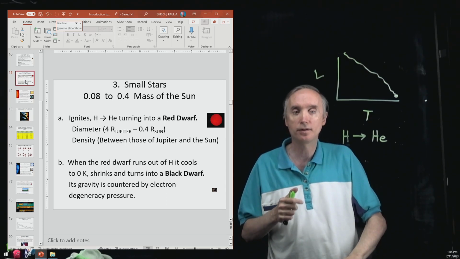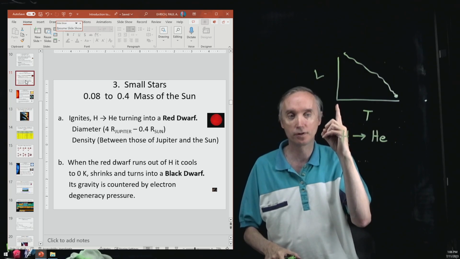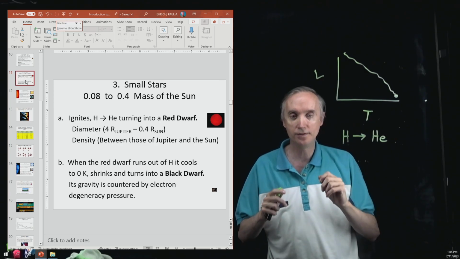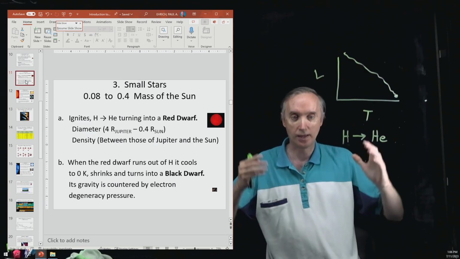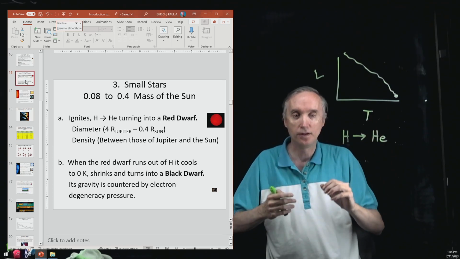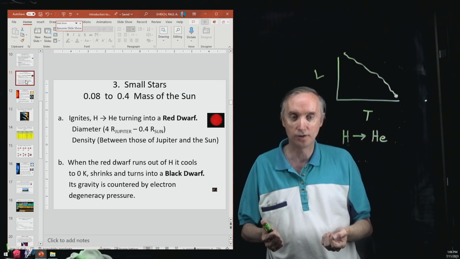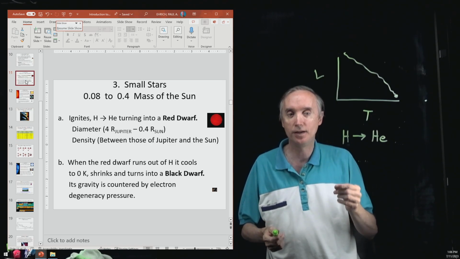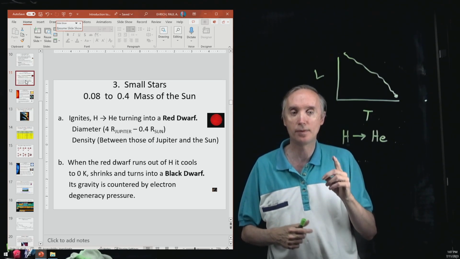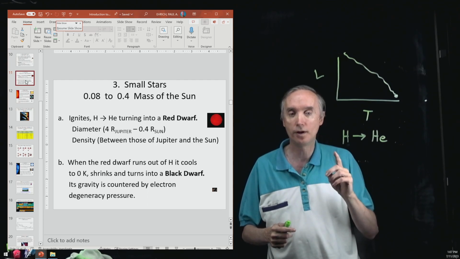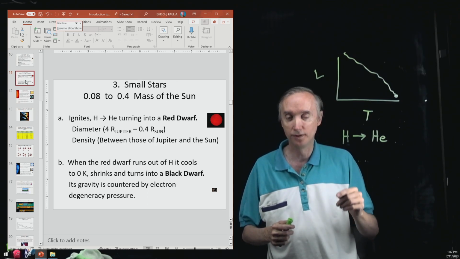So as it collapses, its temperature is going to go up. So the ideal gas law. As it's collapsing, the pressure is going to increase and the core temperature is going to increase, but it's not going to get to a magic number of 100 million Kelvin.